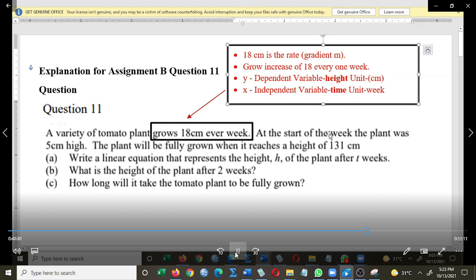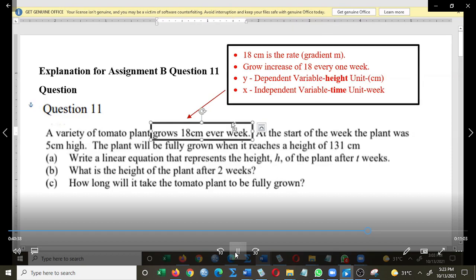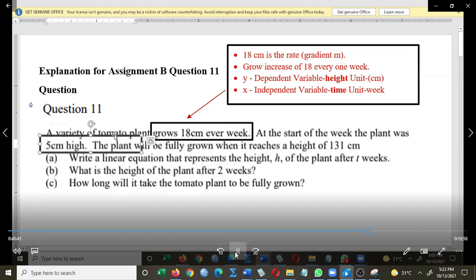At the start of the week, the plant was 5 centimeters high. At the start of the week, how can we interpret that 5 centimeters? Anybody?